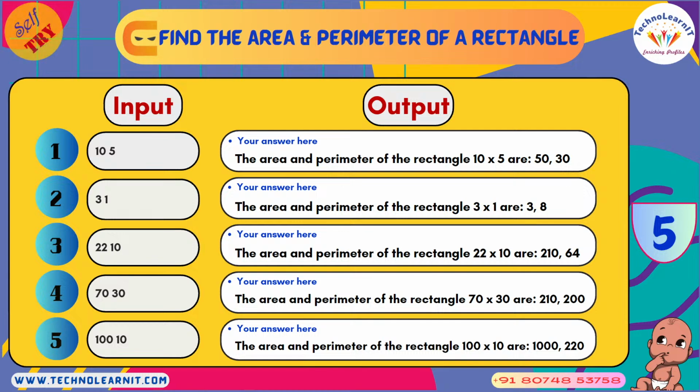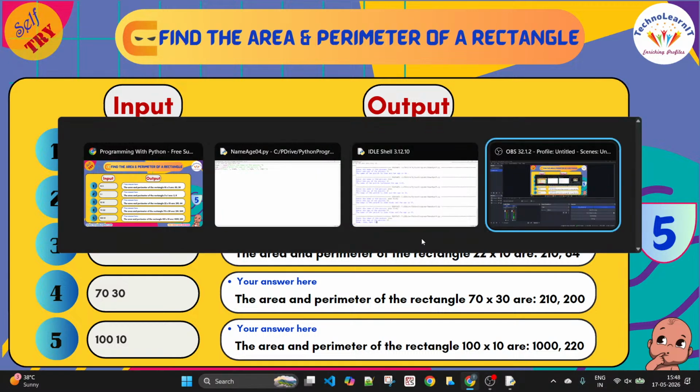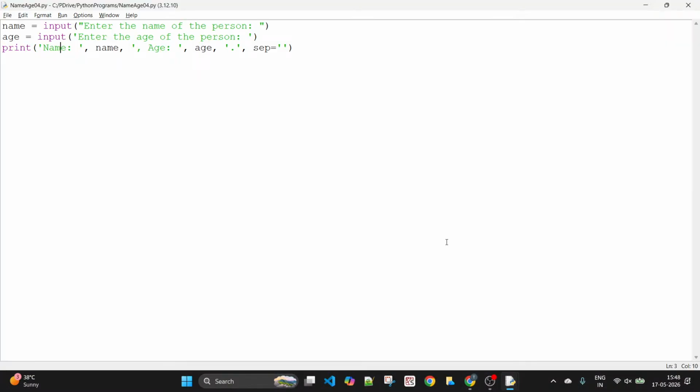All right, let's get into the coding. So the first input, you need to read the length. Read the length of the rectangle. And this program is different from the earlier couple of programs.